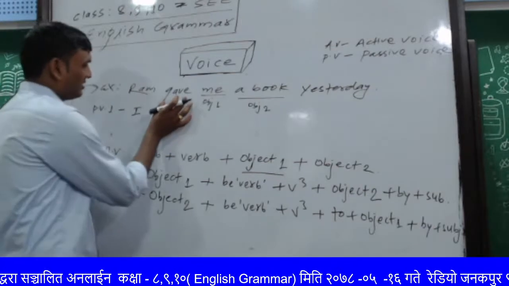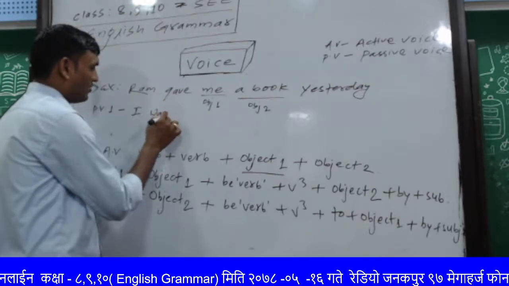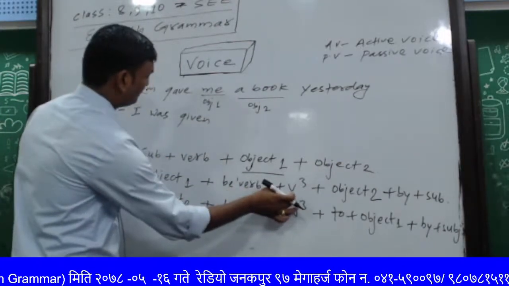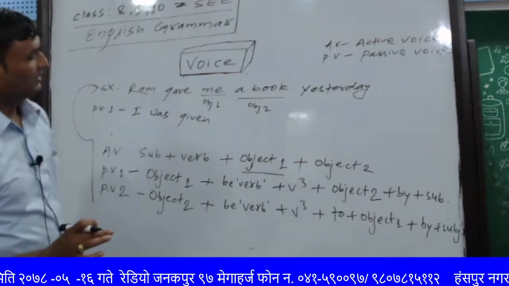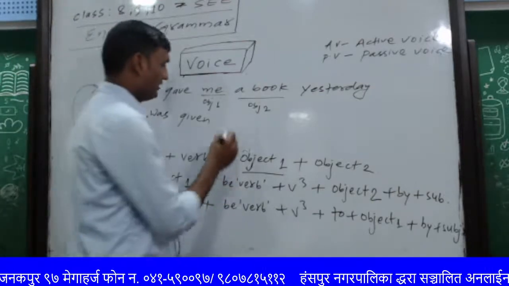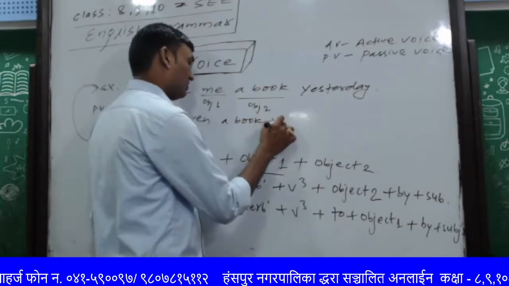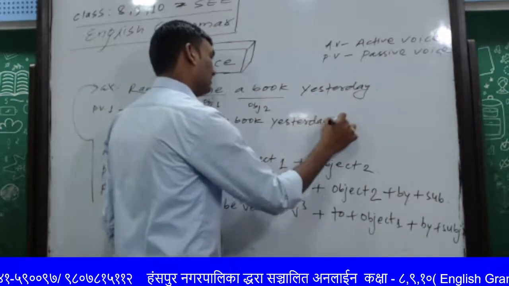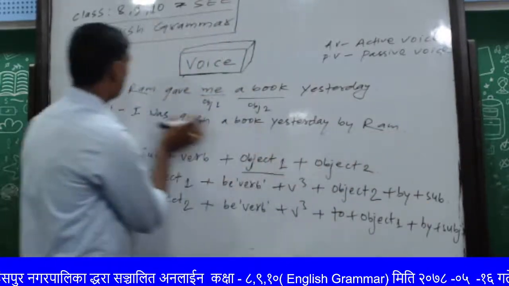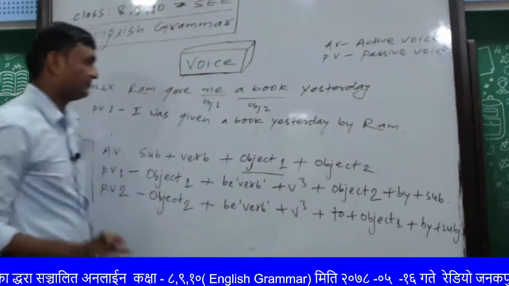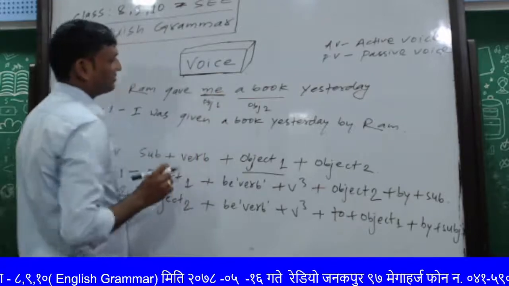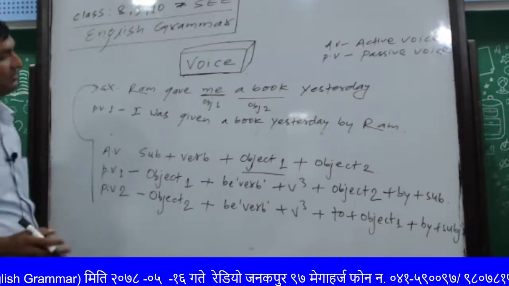So I was, then this one is simple past, so I was, then V3 given, it means be verb, after be verb V3: I was given a book yesterday by Ram. By plus Ram means by plus subject. So this one is the passive first, when we take object first to make passive.